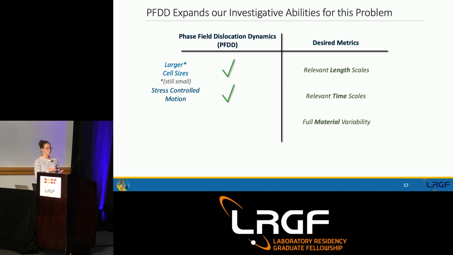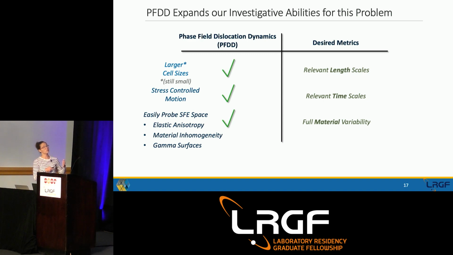So we've removed that shock consideration. And we can also fully probe our material space. We can look at full elastic anisotropy, material inhomogeneities, and these gamma surfaces, and we can apply the same approach to a number of different materials equivalently. So we're not stuck with just copper and nickel as being reliable materials.